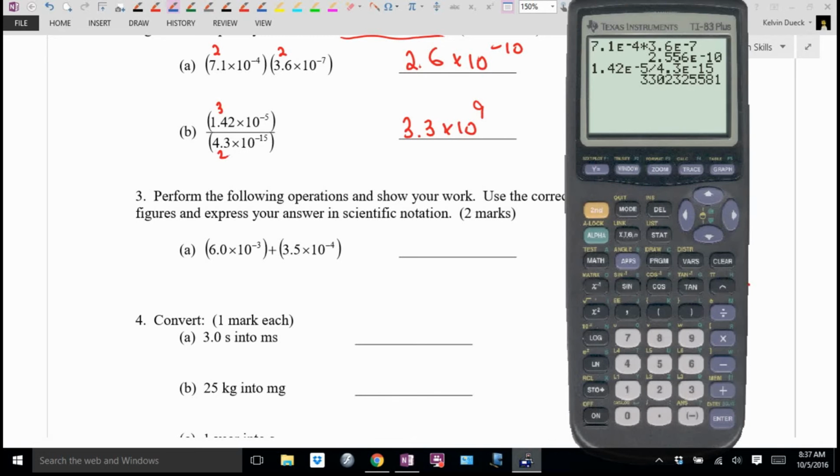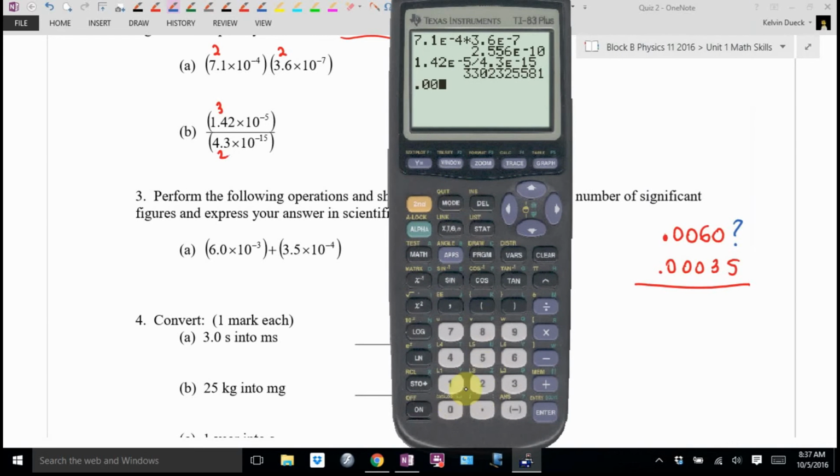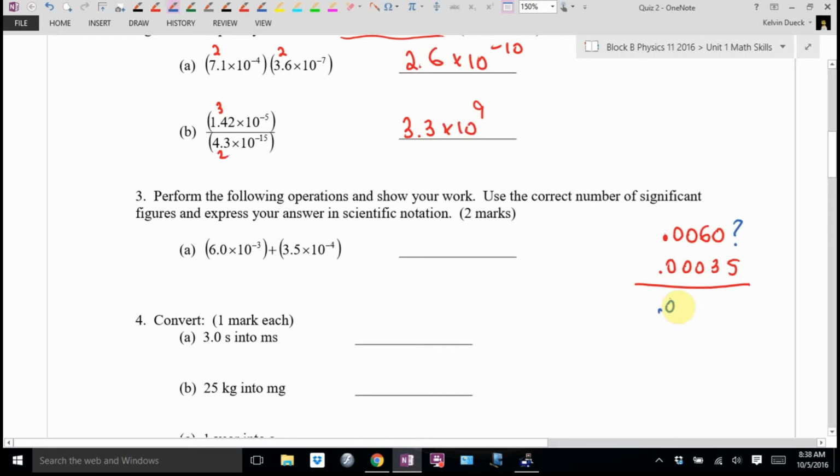So when I add these together, 0.0060 plus 0.00035, I get 0.00635. Boy, have I done a lousy job of lining these up. I said my first guess looks like it's the 5th decimal place, so I'm going to round off to the 4th decimal place.